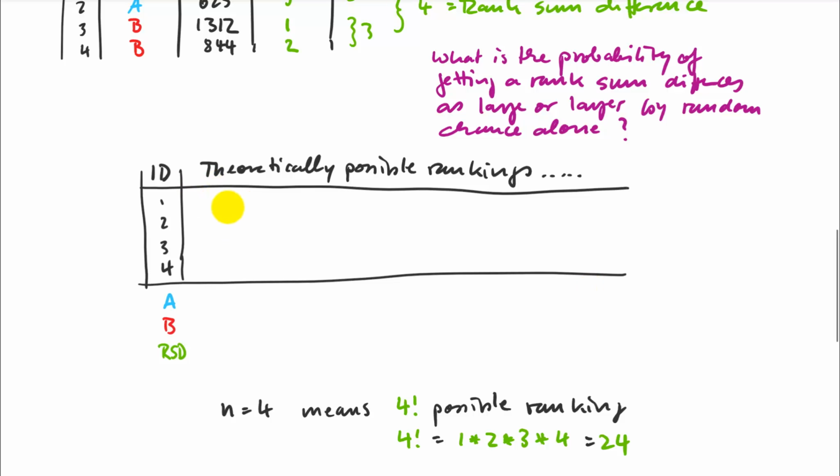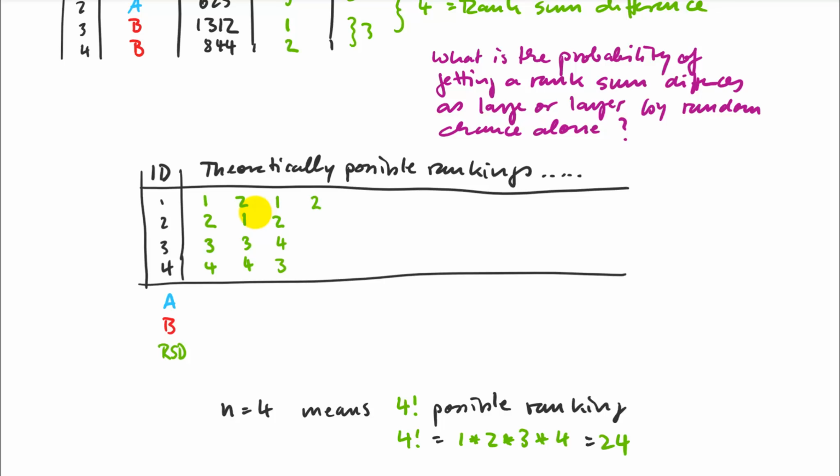So I'm just going to put the possible rankings here. So we could have 1, 2, 3, and 4. So this would be just one way to possibly rank them. Now I can switch up the 1 and 2, and I have 2, 1, 3, 4. Or I could switch up the 3 and 4 down here. So then I would have 1, 2, 4, 3. And I can switch up the 1, 2 again.